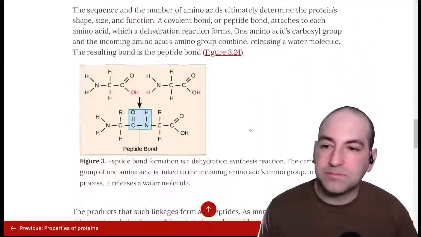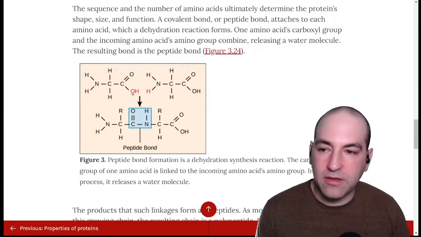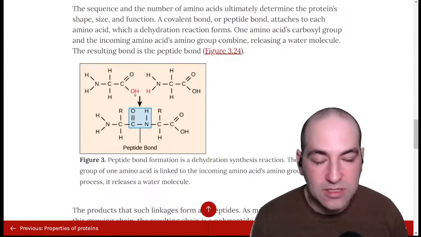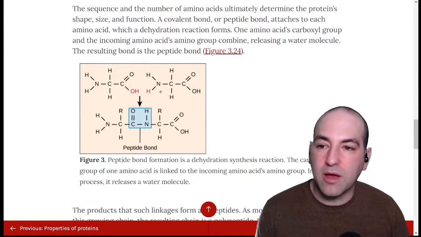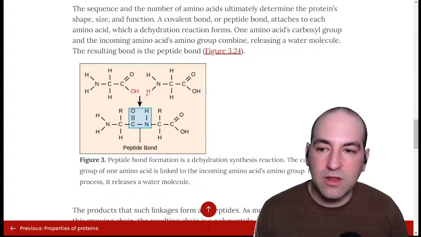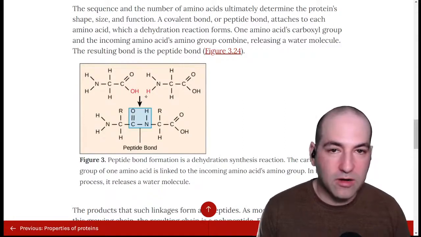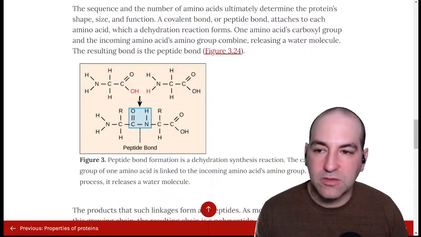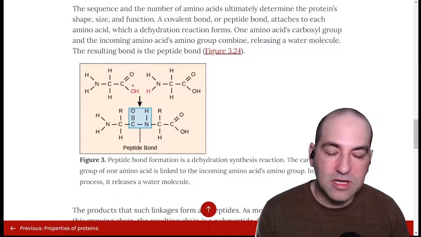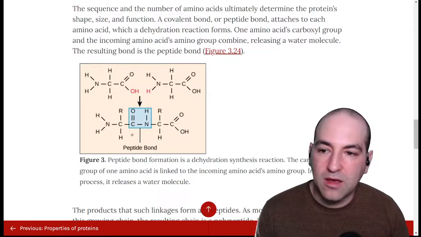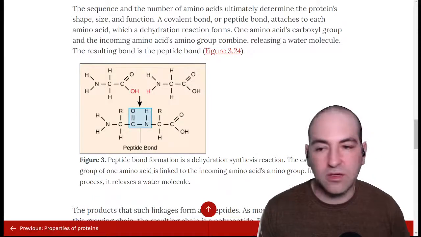All right, so two amino acids can come together like this, and just like we've seen in the last two categories, can make what's called a peptide bond. So you've got H and OH. You get rid of the H and the OH, and that's called water. So that's a dehydration or condensation reaction. And then what's left over is the carbon and the nitrogen, and those are going to connect together and make this type of bond, which is called a peptide bond.